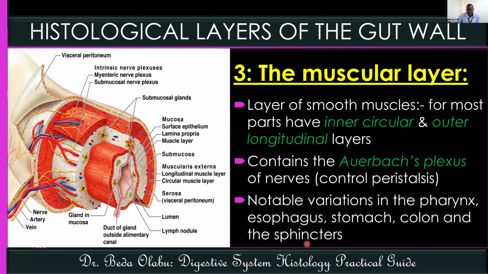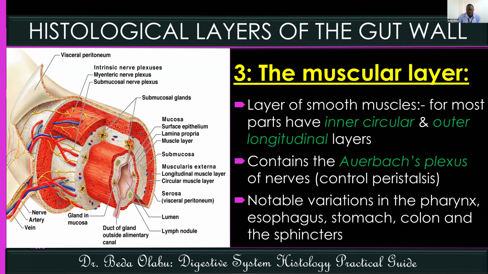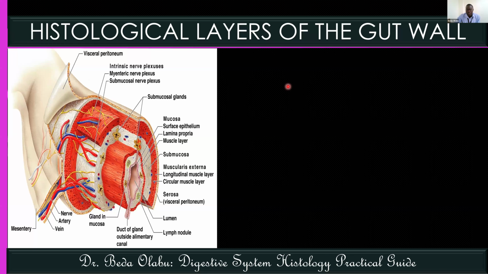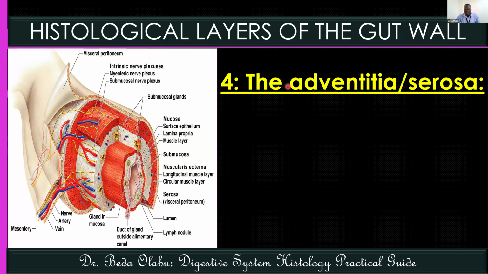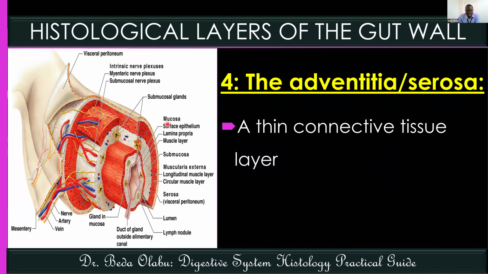Layer 4. Okay, so the 4th layer is the adventitial layer, or the serosa layer. It's a thin layer of connective tissue on the outside.